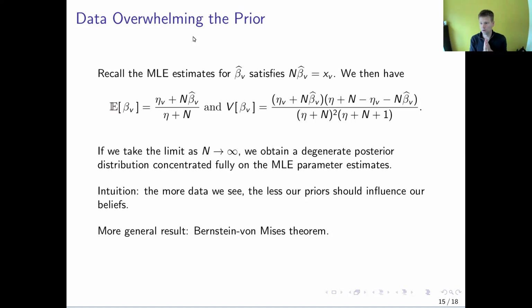But I think this is important because a lot of the good statistical properties of MLE estimates come about asymptotically as we see a lot of data. And in worlds where I have a lot of data, my Bayesian estimates are not going to look that different than my MLE estimates. Asymptotically, they're in a sense going to be equivalent.